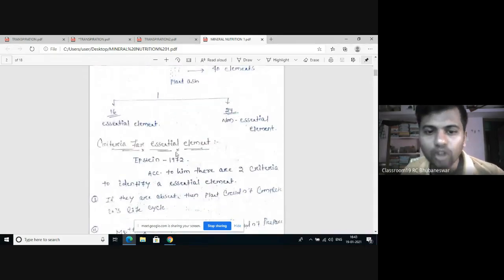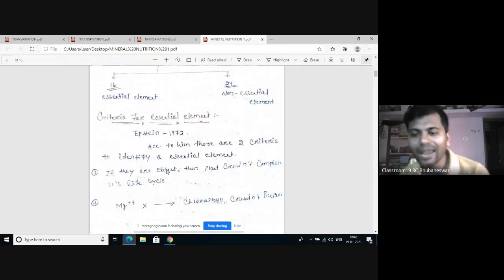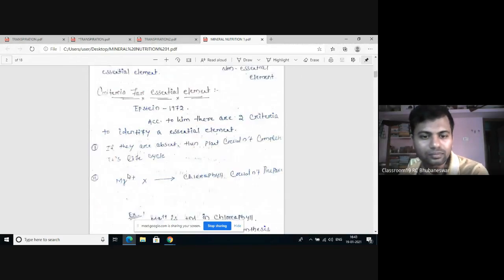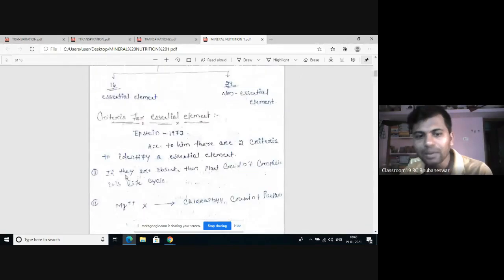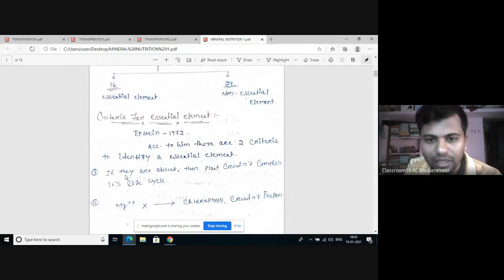So Epstein in 1972 gave two criteria to identify which elements are essential and which are non-essential. The first condition is, if in the absence of one element the plant is unable to complete its life cycle, it is known as an essential element.